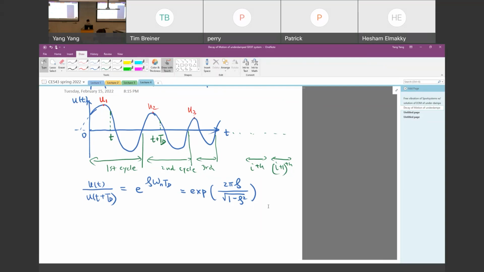This is very important because with this equation, we can figure out the damping ratio for any structure. Because we can do a dynamic testing, we can excite the structure, we can record the displacement at the mass of the structure, so that we can calculate the ratio here to find out the damping ratio.